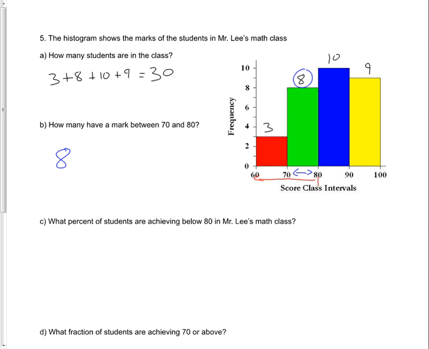I can tell that I have 8 students getting between 70 and 80, and that's below 80%. I also have 3 students getting between 60 and 70%, and that's also below 80%. So 3 plus 8 means that there are 11 students in the class that are achieving a mark of below 80% in Mr. Lee's math class.